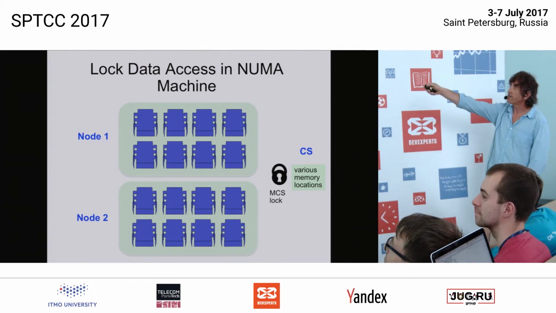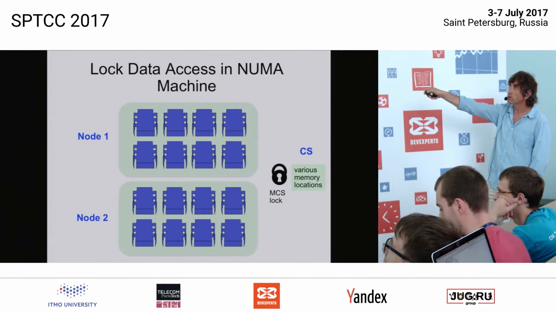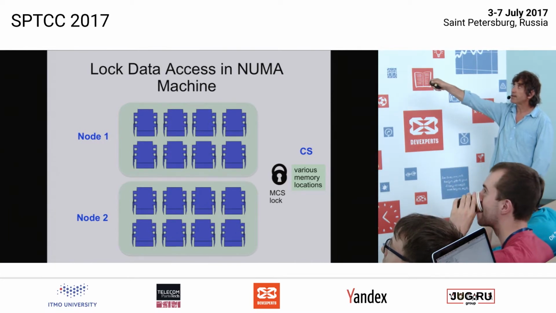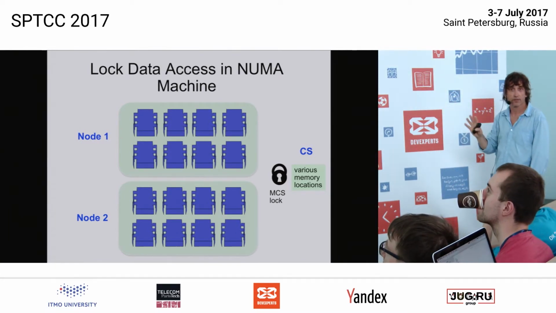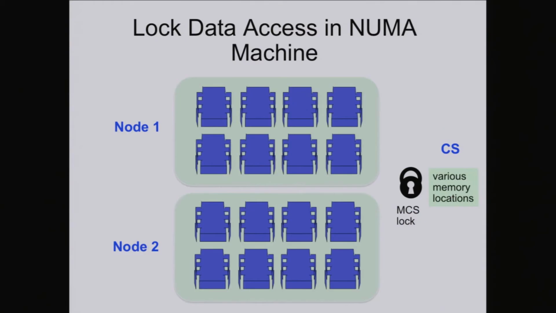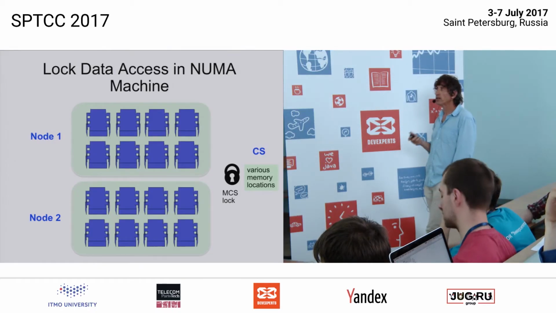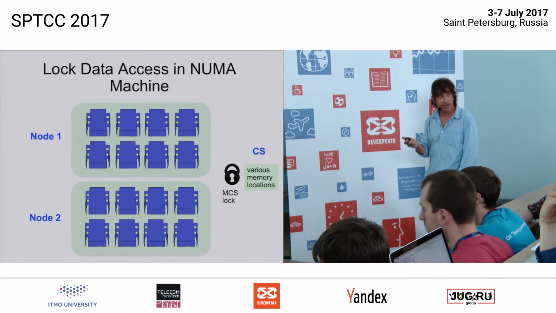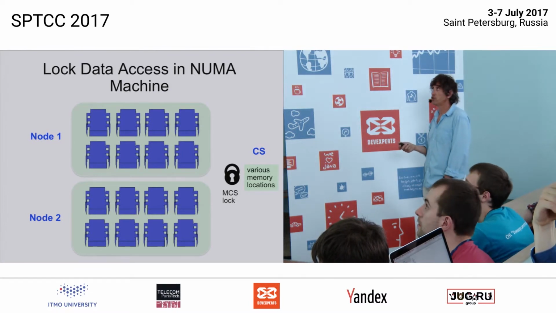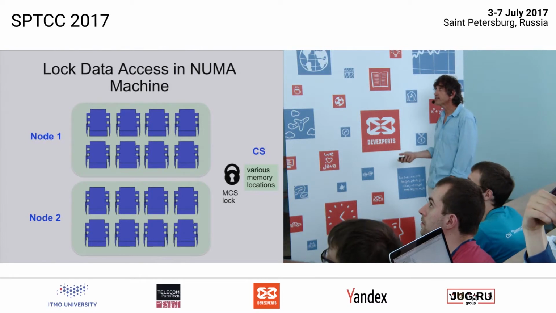But I have two nodes, and in each node I have 8 cores. So this would be a typical setup of a modern multiprocessor machine. And imagine that I want to design a locking scheme for this kind of machine. So what is this locking scheme?